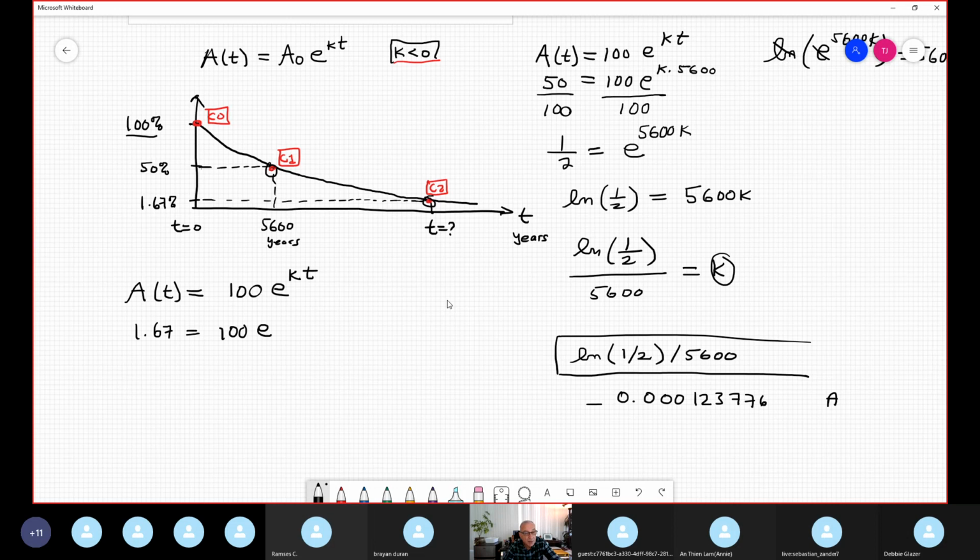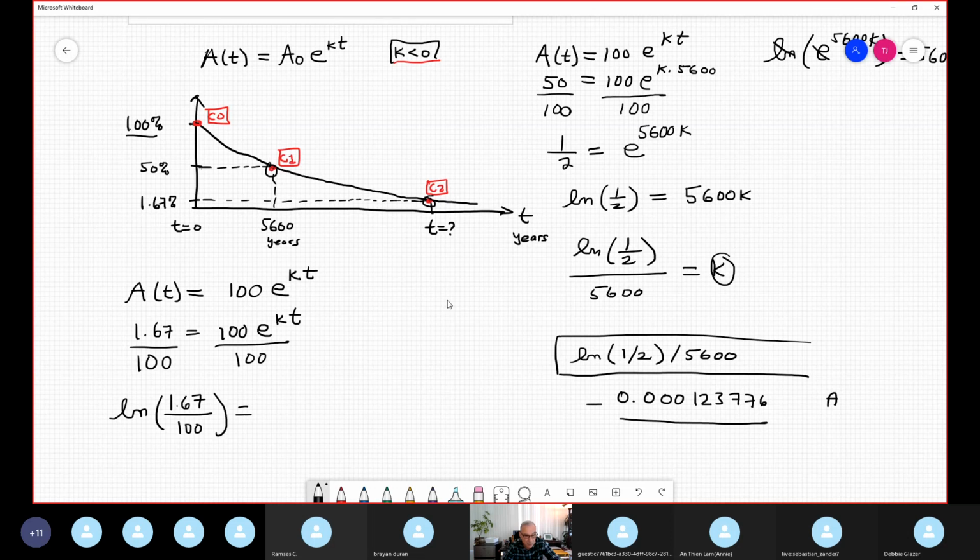This is my new problem, and I solve for T, because I have K. You divide by 100 both sides, and apply the natural logarithm of 1.67 divided by 100.